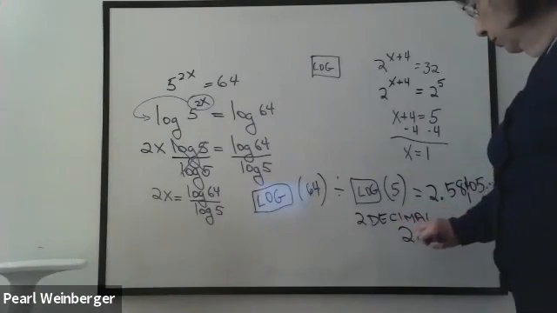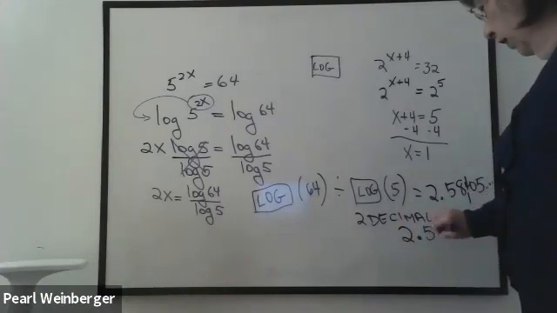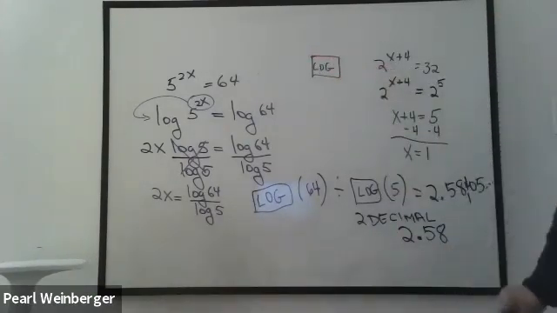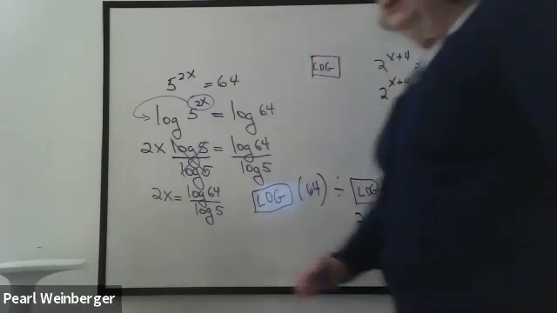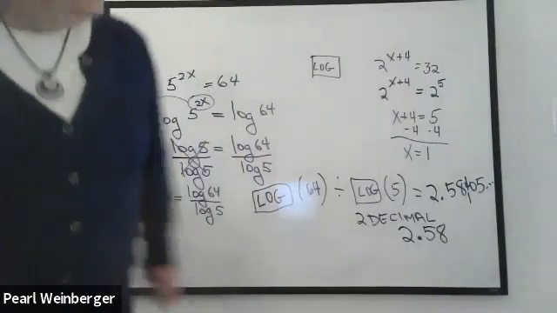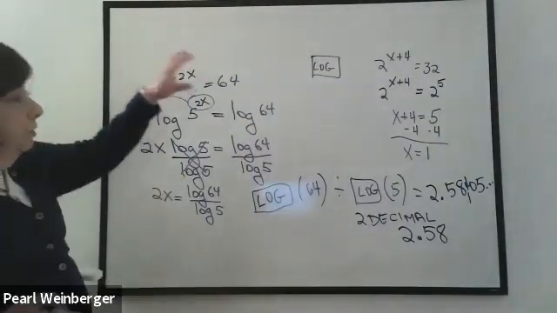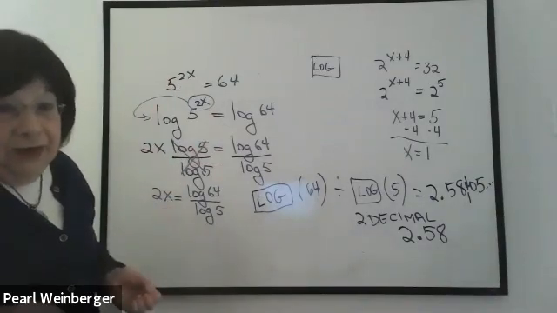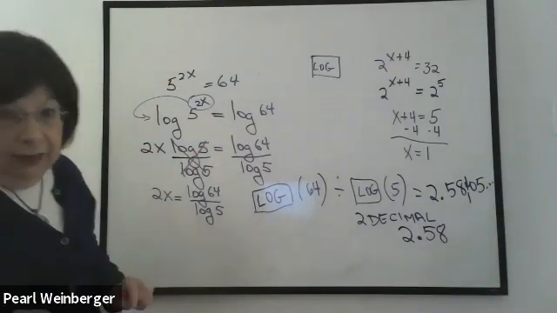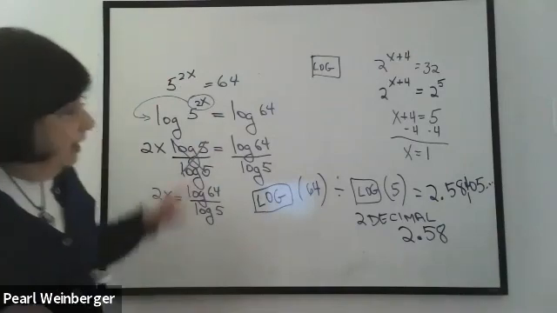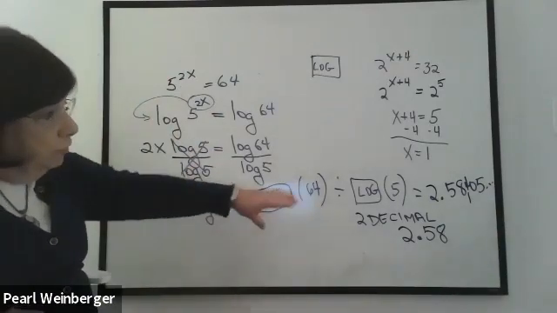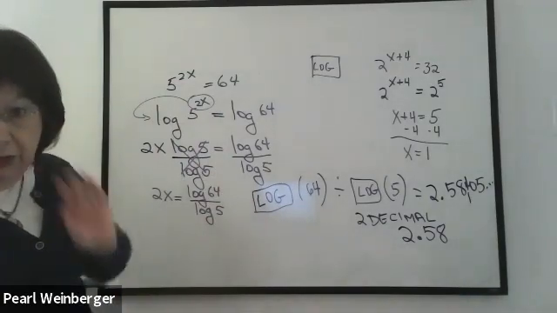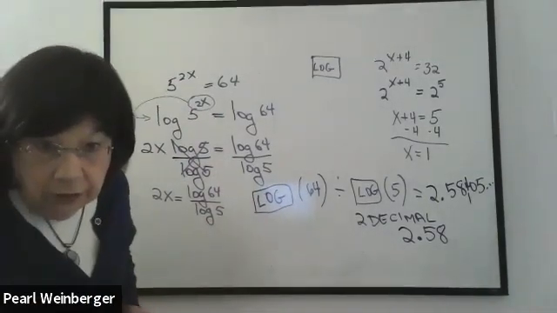So my final answer becomes 2.58. So even though we were not able to put both of these numbers in terms of the same base, when we're doing logs, we're putting them both in base 10. We're doing common logs, base 10, and we were able to solve the question. Again, this is only something that you could do using your calculator.